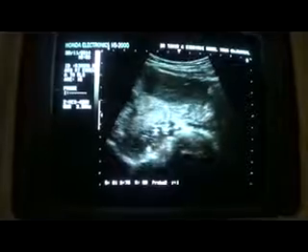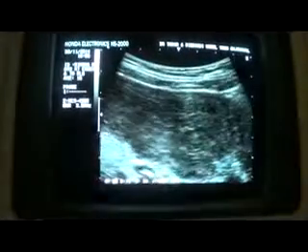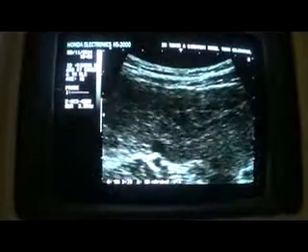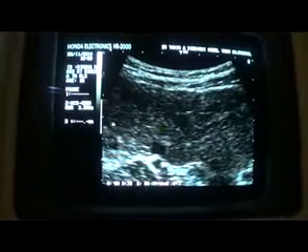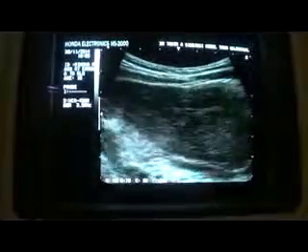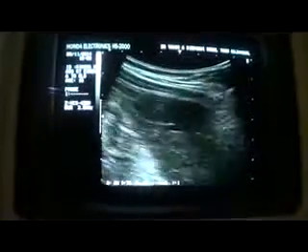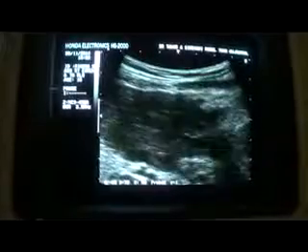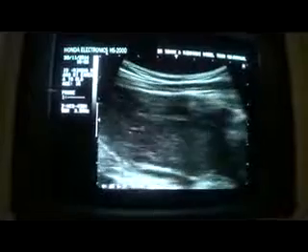This one, and see that the mass is mixed tissue, has tiny cystic areas within it. It's well demarcated. There is no calcification seen.